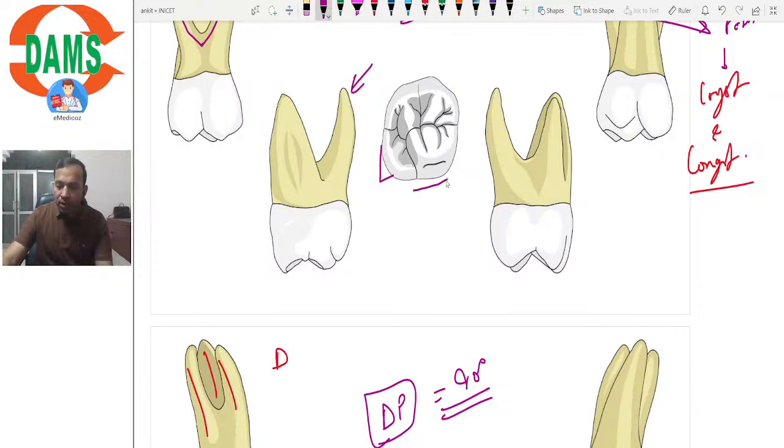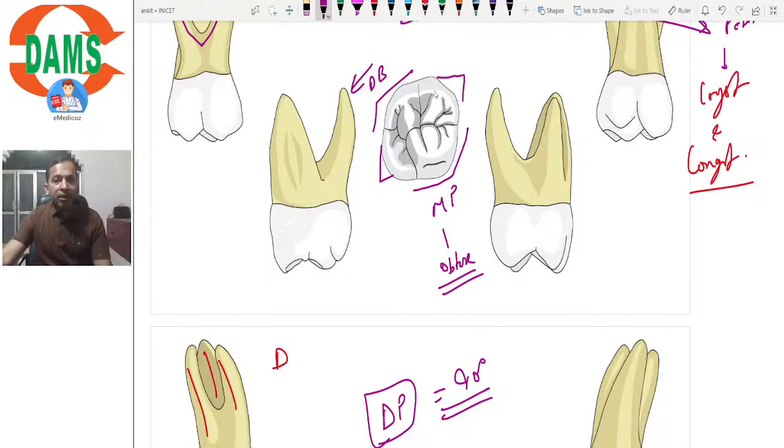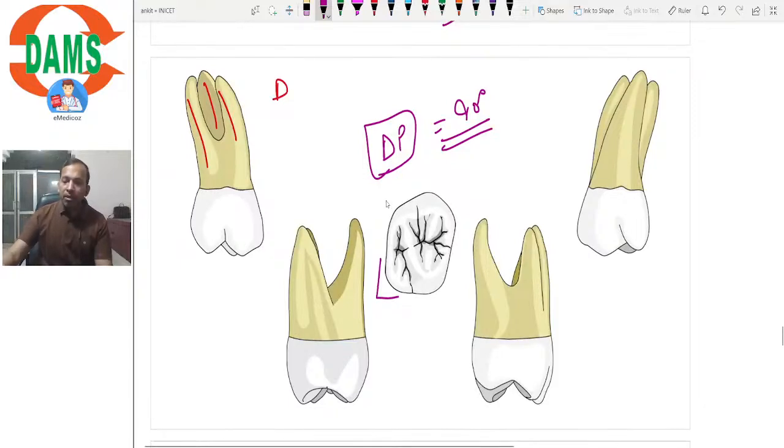Okay? This is obtuse, this is obtuse, and these two are said to be acute, right? So mesiopalatal and distobuccal are said to be obtuse angles, and the remaining two, that is mesiobuccal and distopalatal, are said to be acute. But in the second molar, the distopalatal becomes 90 degrees, right?